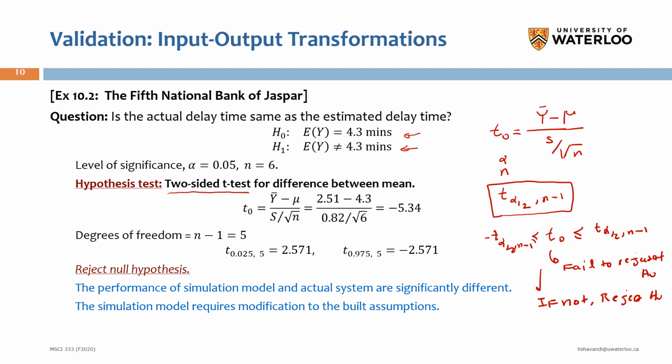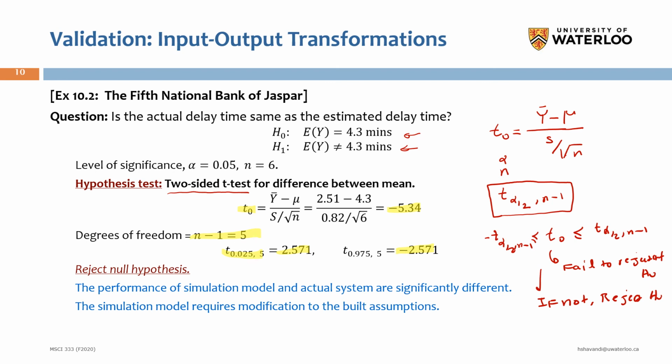So for our example, we calculate t0 first, which becomes minus 5.34. Okay, and here the degrees of freedom becomes 5. So the critical value obtained by the t-distribution table, t half alpha 0.025 and degrees of freedom of 5 becomes 2.573. So we do have a negative and positive number.